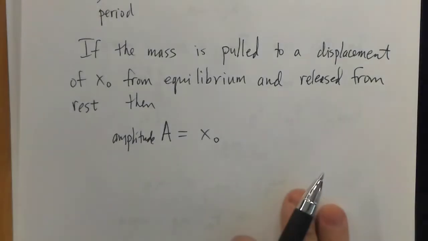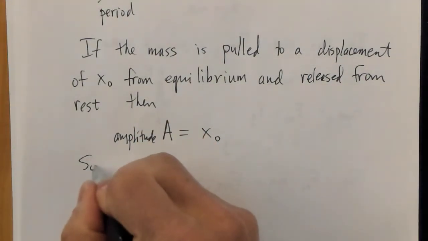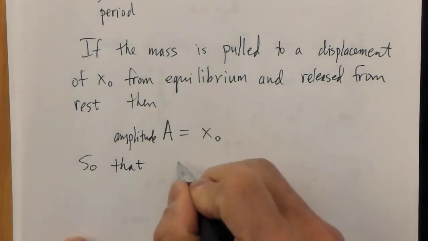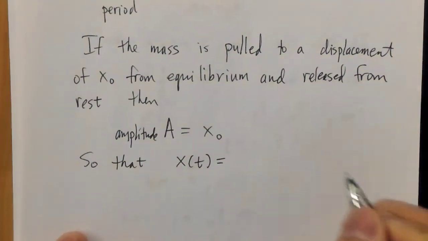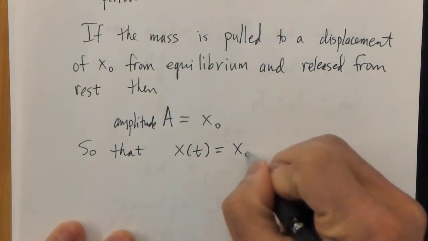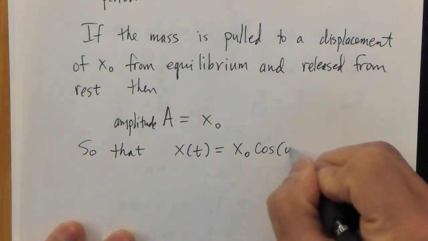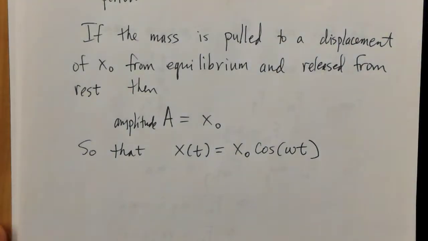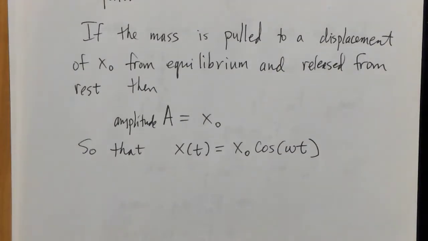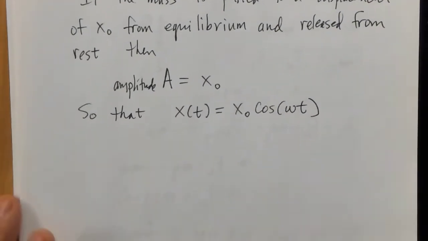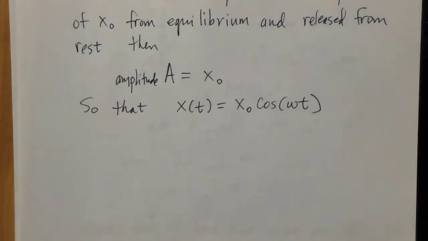And so we have that x as a function of time will be x0 times cosine omega t. Any questions about this so far? All right.